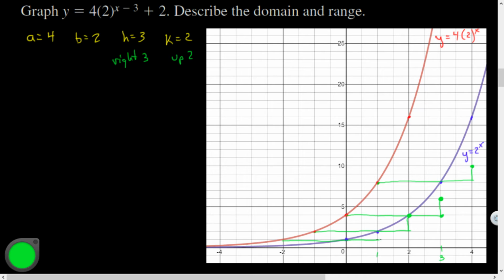So that lands at 1, and then up 2. 1 plus 2 is 3. Now the new y-intercept, that's actually going to be tricky. I think it would have been this number here. Let's see, this was a half. Yeah, it's going to cross at a half, I believe.